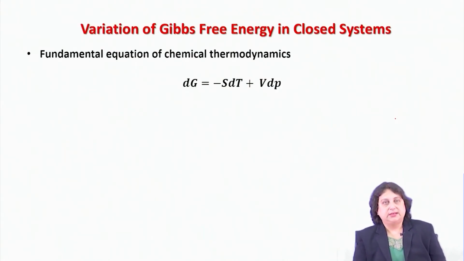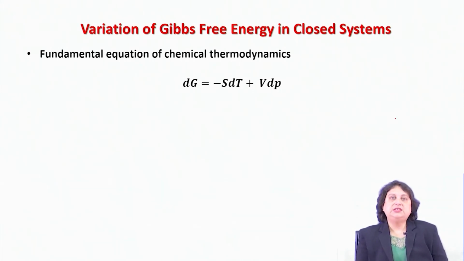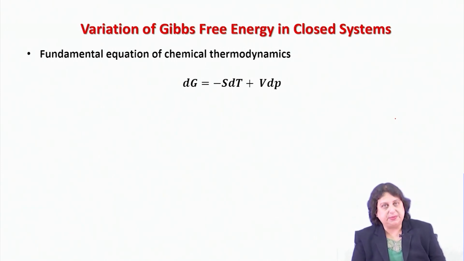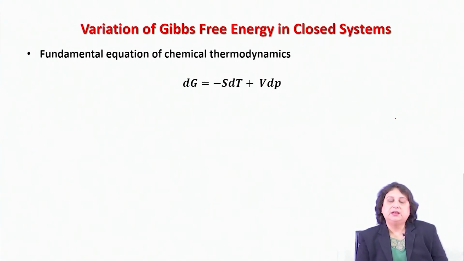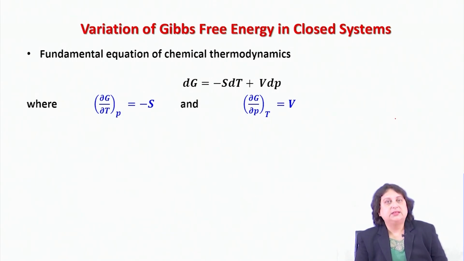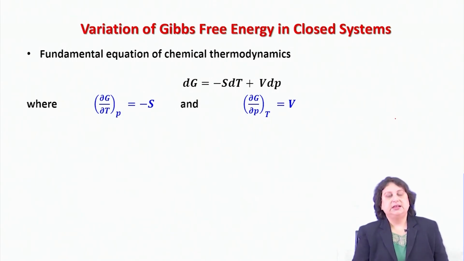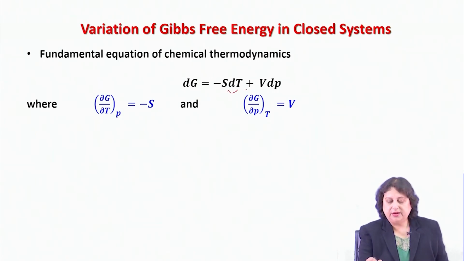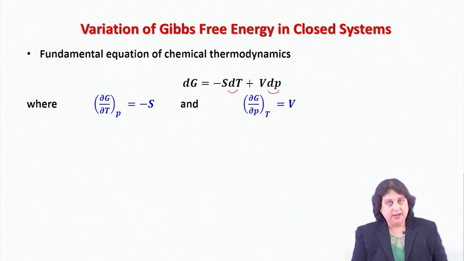Now, moving ahead, if I have a process where dG is given by -SdT + VdP, and this process is taking place in a closed system, I need to understand that the change in state depends on the variation of dT and dP that we are going to control from outside as independent parameters to put into effect the change in state.